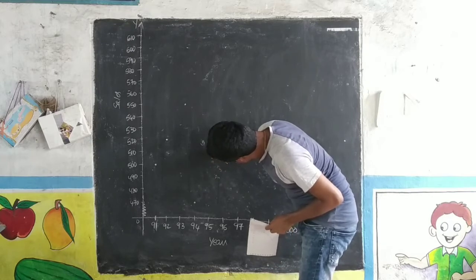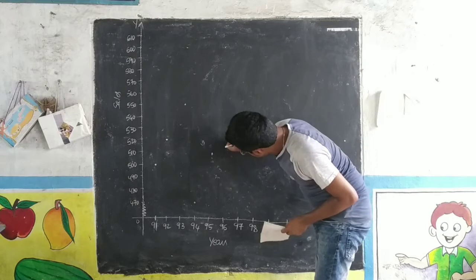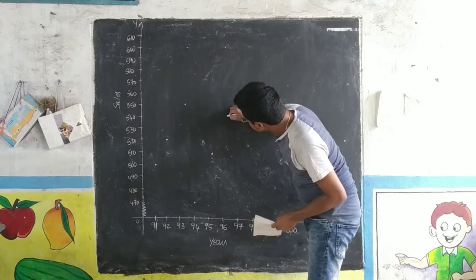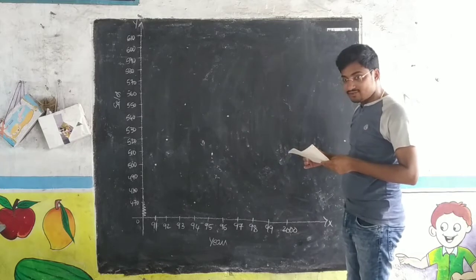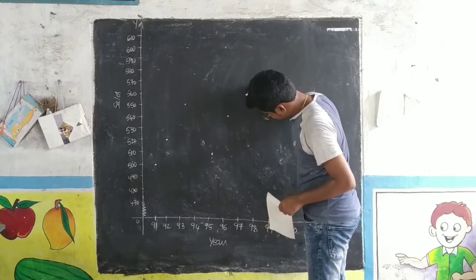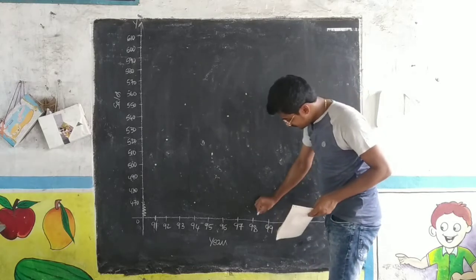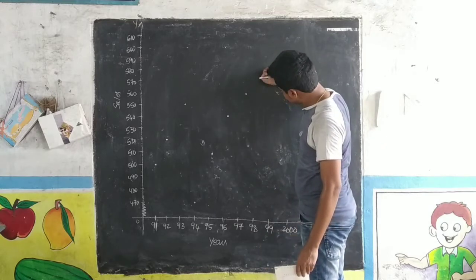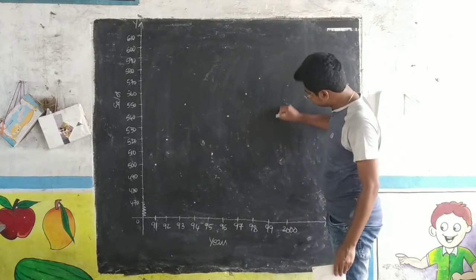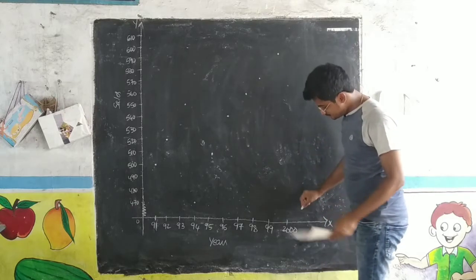Next, 1996 sales 540. Next, 1997 sales 560. 1998 sales 570. 1999 sales 590. 2000 sales 610.